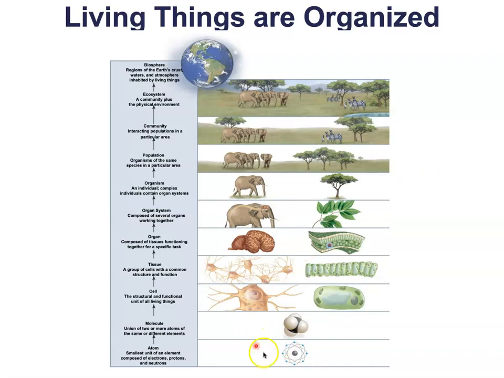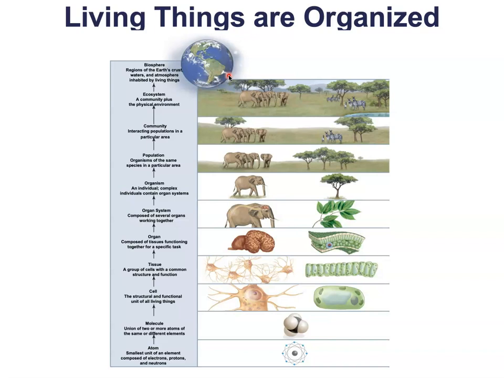They range from things super tiny like atoms all the way up to the ginormous biosphere, another term for Earth. The cell is the basic unit of structure and function of all living things, because all living things are either unicellular or multicellular organisms. Anything that is alive must at some point be a cell.